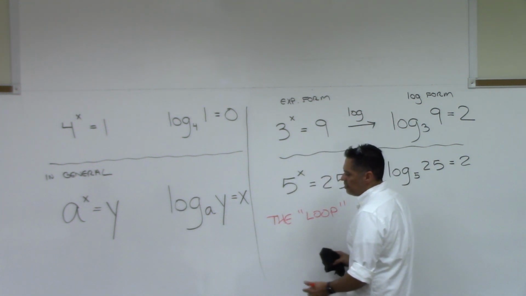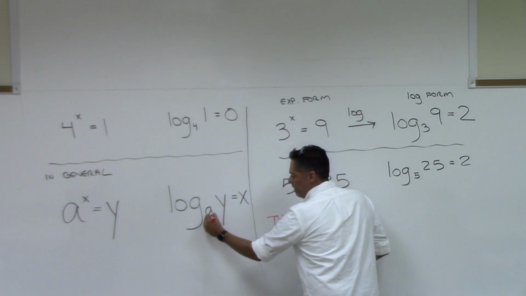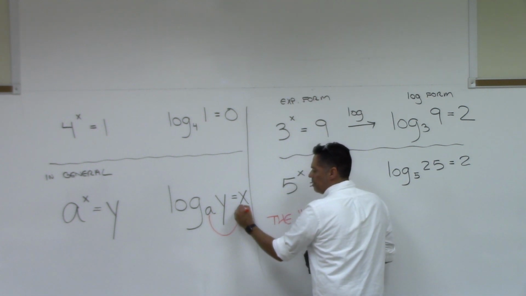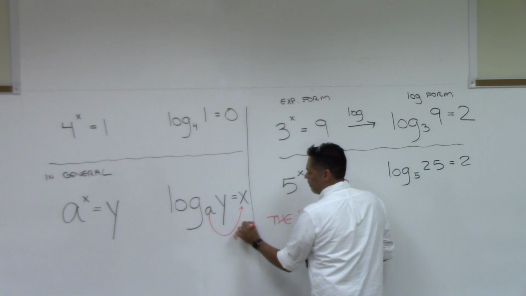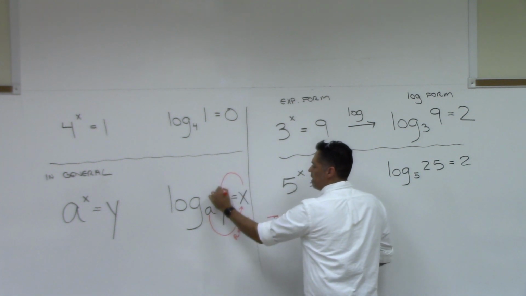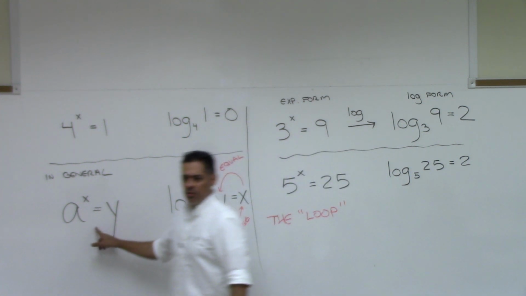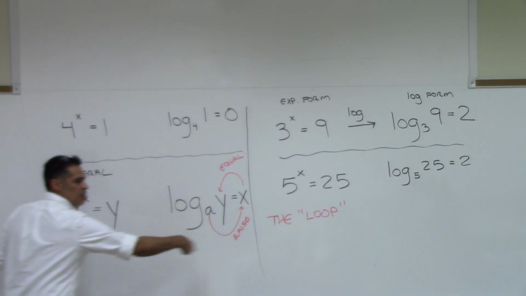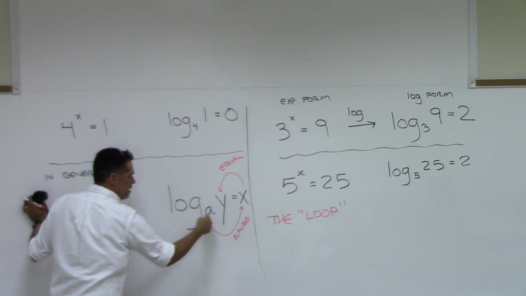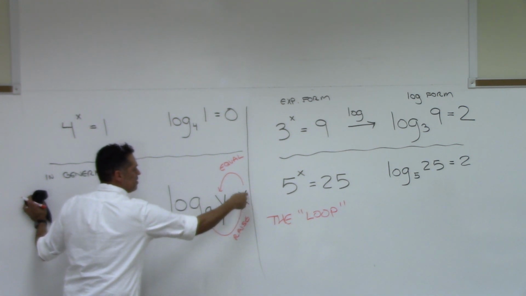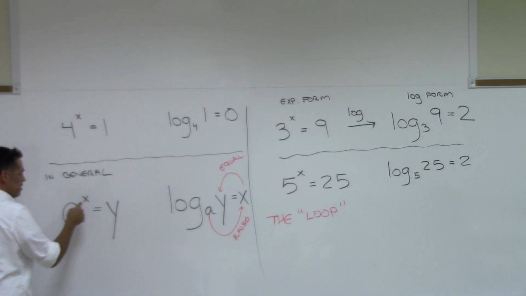So if I start with the A and I raise it to the x and set it equal to that, then I create this equation. Do you see this loop? Take this, raise it to that x, and set it equal to the y. A raised to the x equals y.